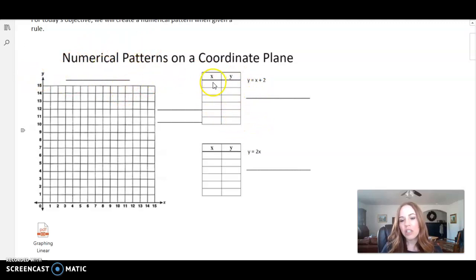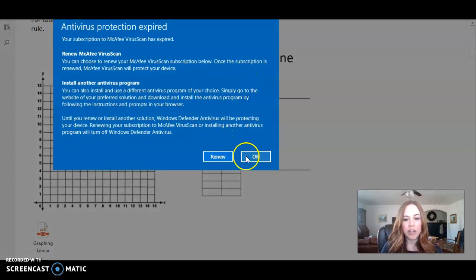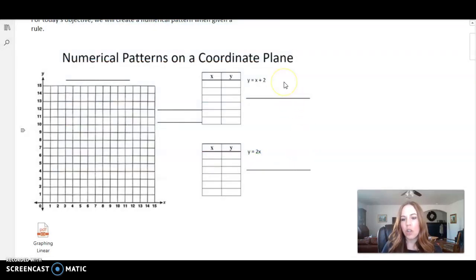Here I have two different input-output tables or coordinate tables, and two different equations next to them. Remember, the letters just stand for variables, which are unknown quantities. So let's come up with what we think x is, and then the rule will tell us what y is.